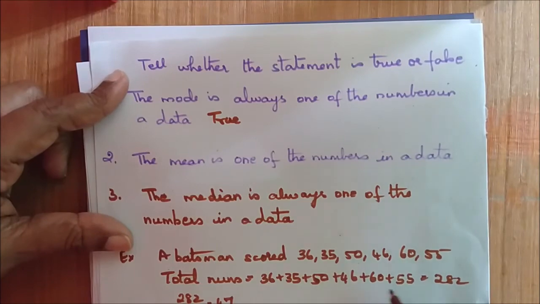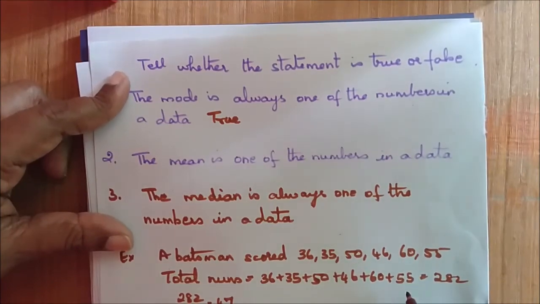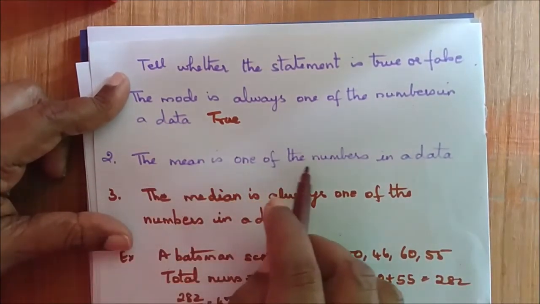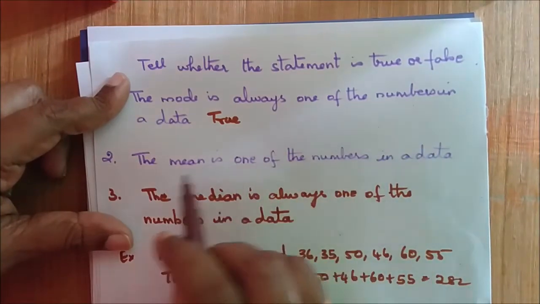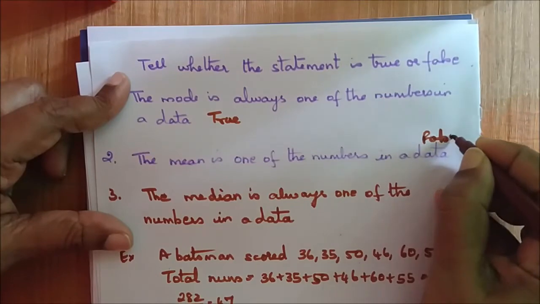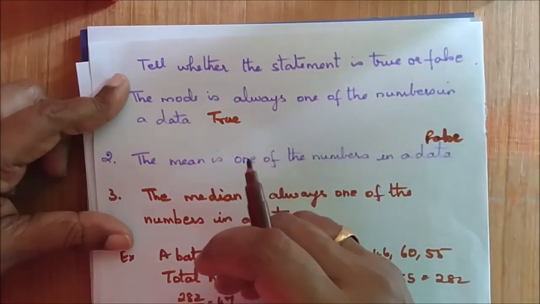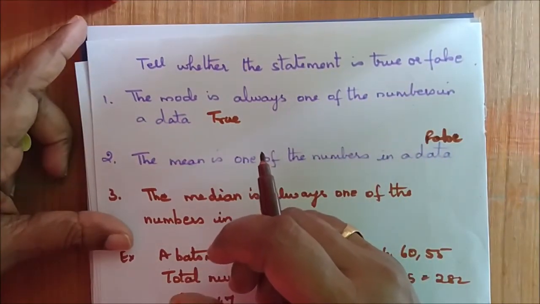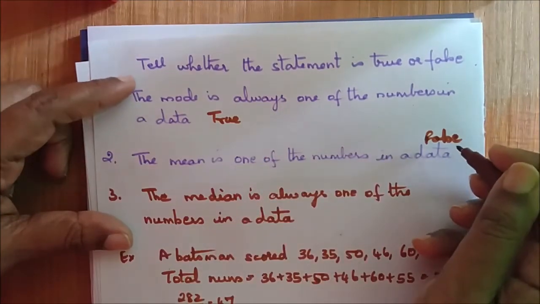Is 47 one of the numbers in this data? No. So this cannot hold good. It is false. The mean can be a value which is not in the data also.